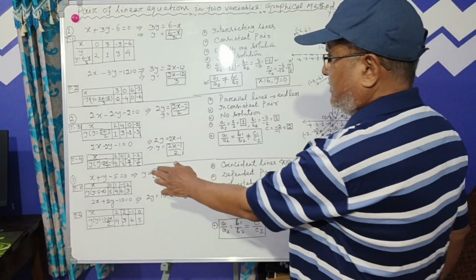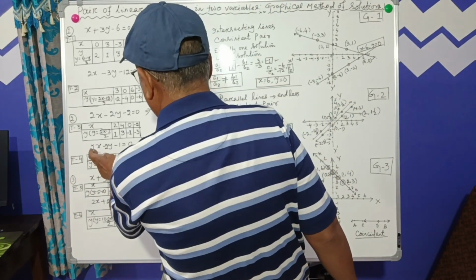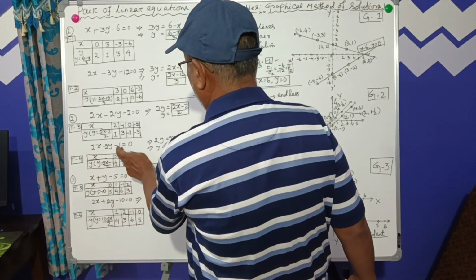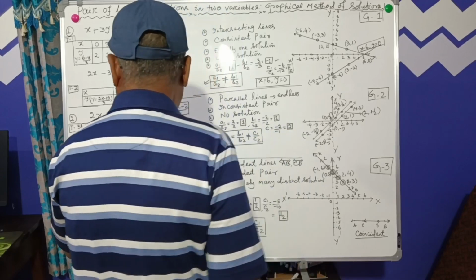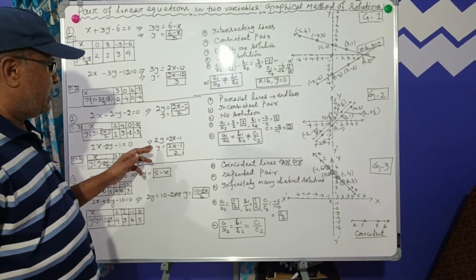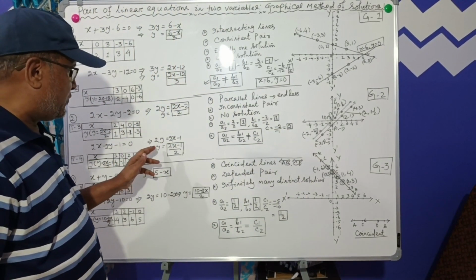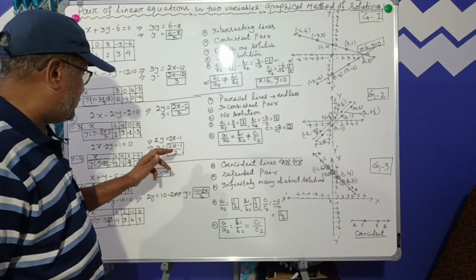Similarly, for the next table, that is 2x minus 2y minus 1 equal to 0. Let me explain. By transposition, y is equal to (2x minus 1) by 2.